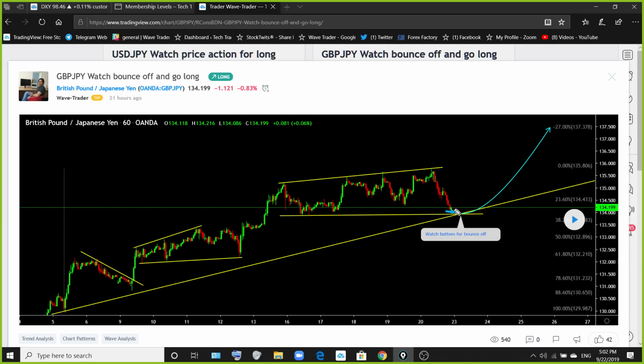Okay, so pound yen, hold the bottom and this up leg next week. All right, so this breakdown, correction, sharp breakdown, correction will invalidate that buy setup. Then there's going to be a continuation to the downside.